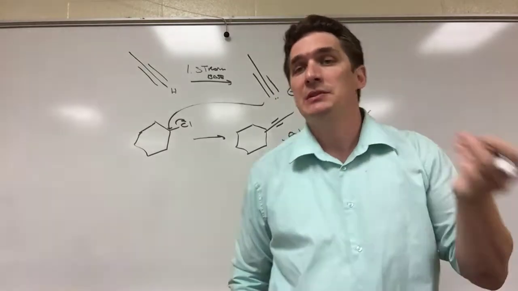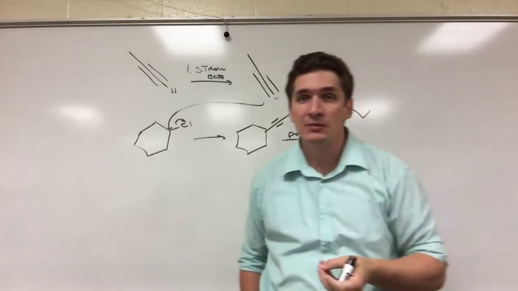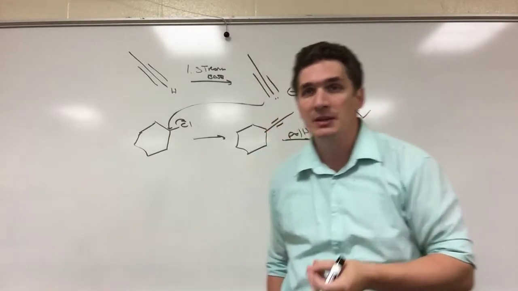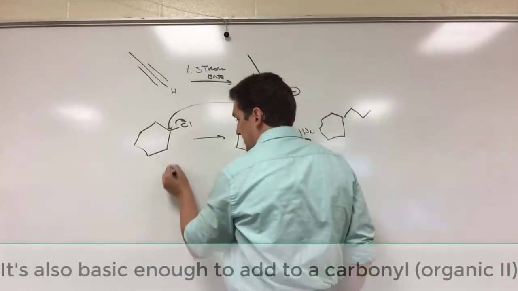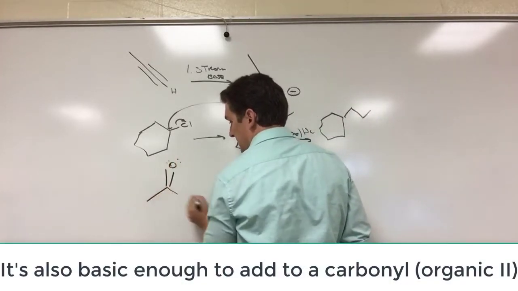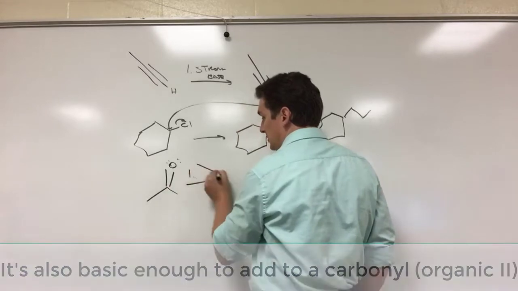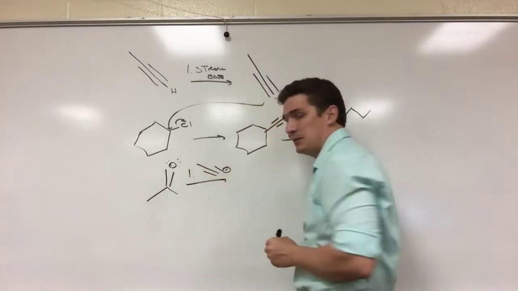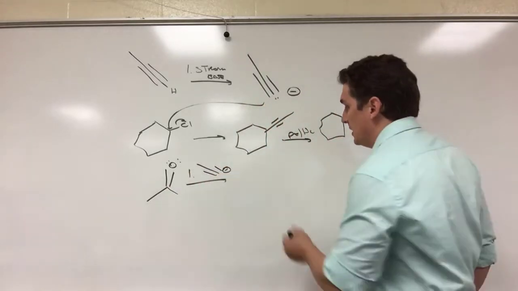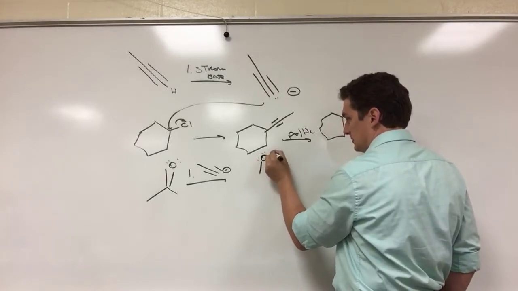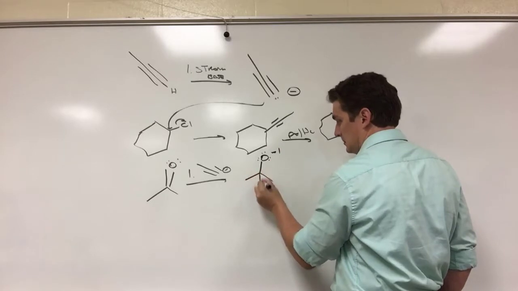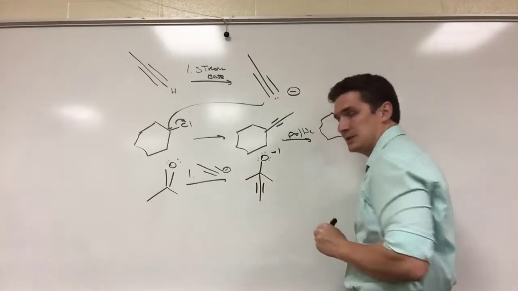Now, the second one, and this really isn't covered at the organic 1 level, but is more covered in organic 2, is nucleophilic attack on carbonyls. So if we have something like this, and we have our terminal alkyne that's been deprotonated, we can get this compound.